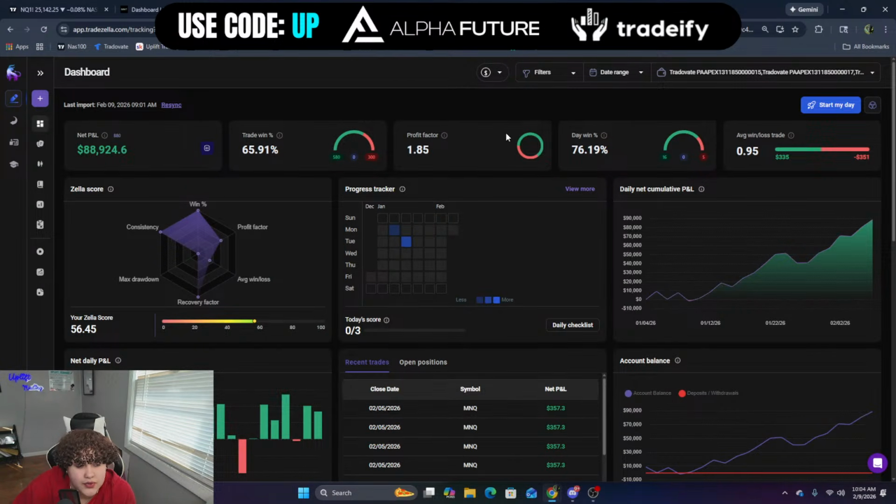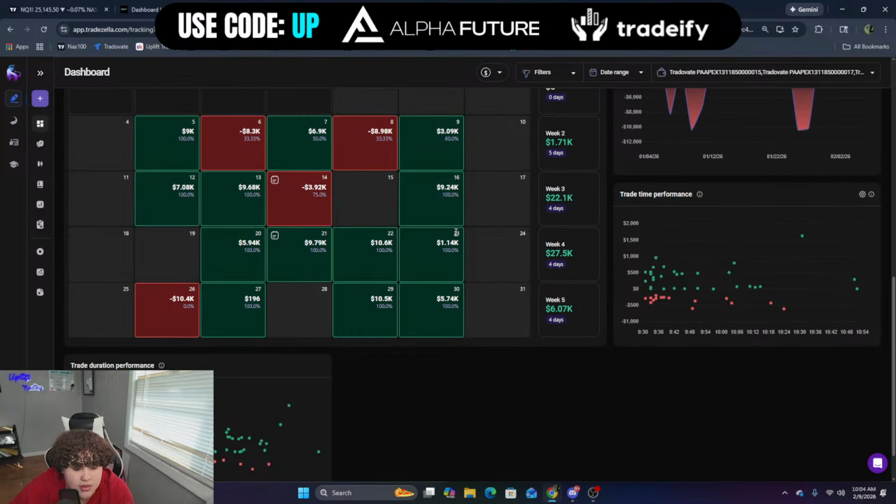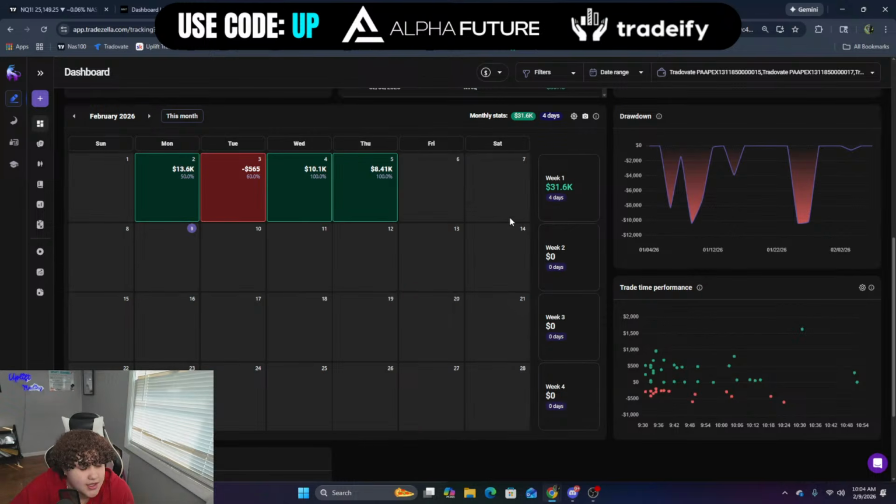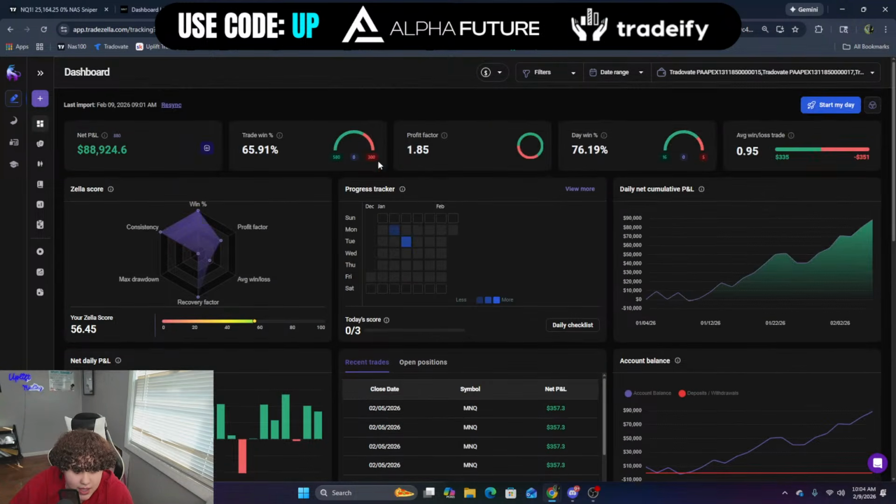Another thing I need to fix is the profit factor. It's not at a 1 to 2, and that's because there were some trades where I made mistakes, like trailing it too tight and not leaving it at break even. That messed up my profit factor.